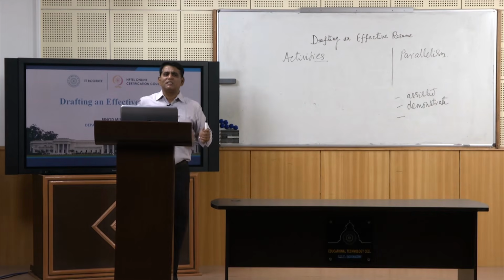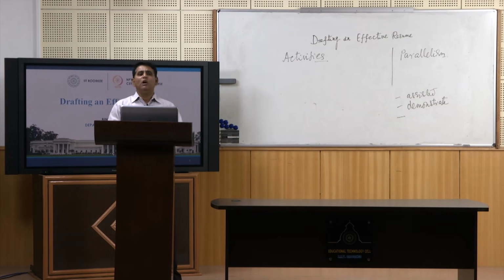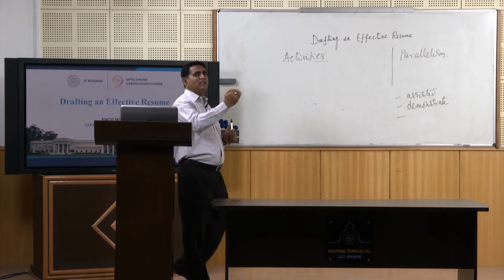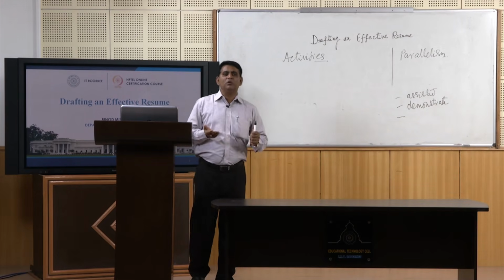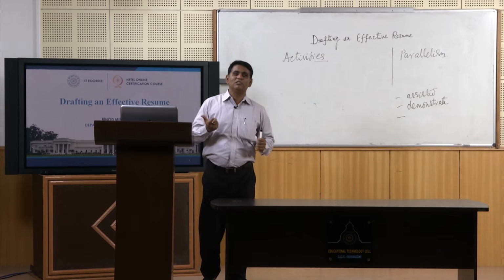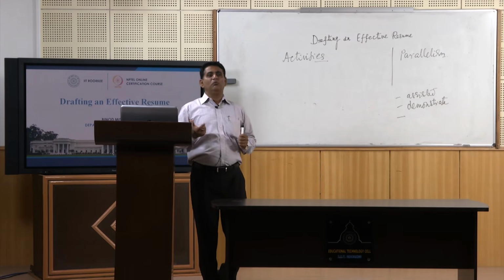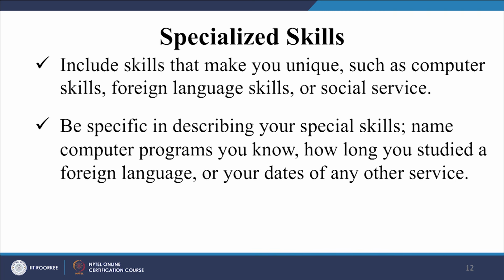If you have certain specialized skills, as we talked about in the previous lecture, include those skills which make you unique, which make you stand out. For example, somebody knows 2 foreign languages, German and French. Naturally, his chances in a multinational organization will be better than those who are simply confined to English and Hindi. Suppose somebody also has an experience of social service, or NSS activities.